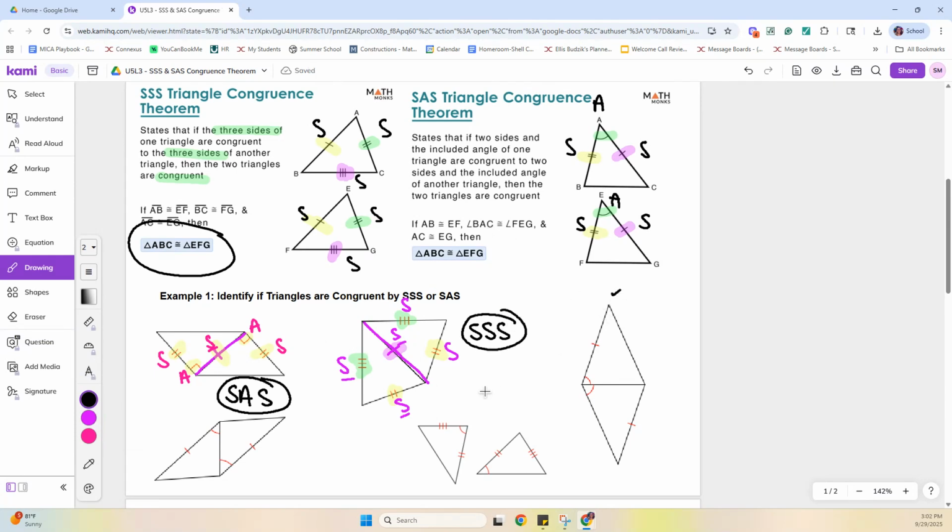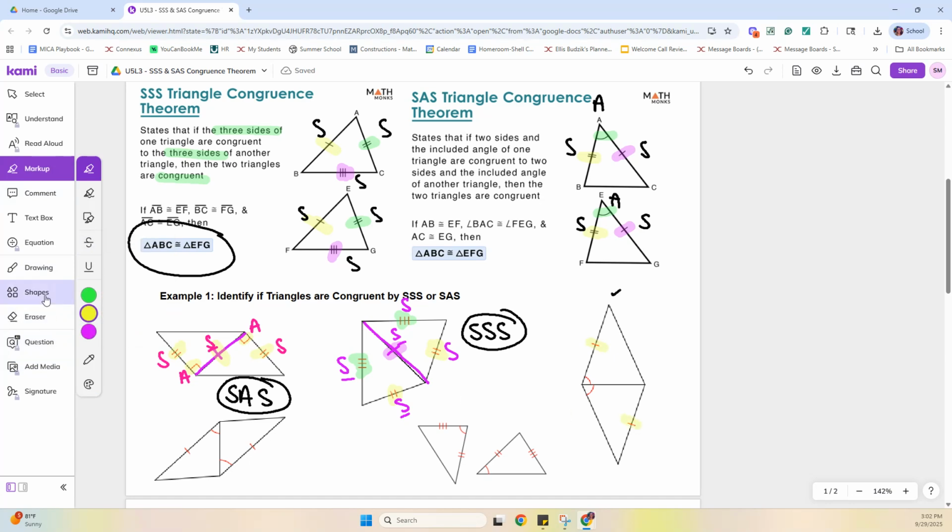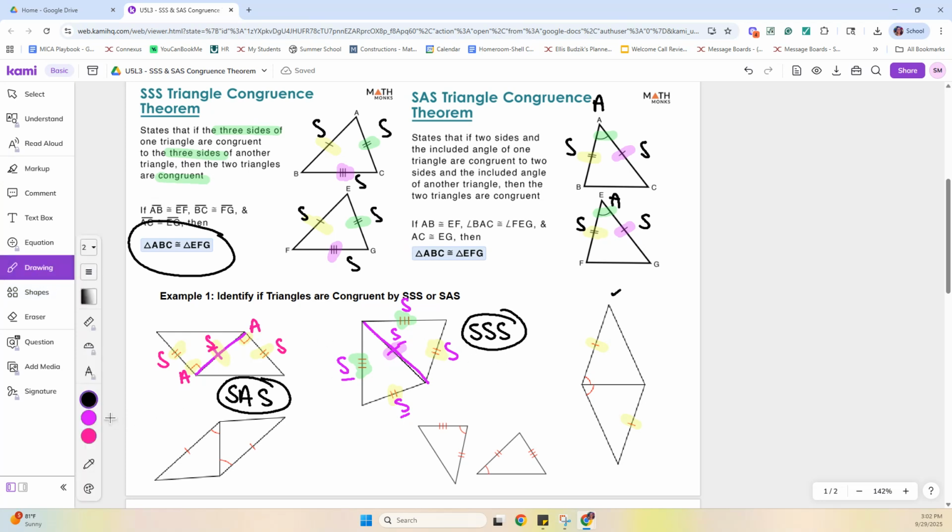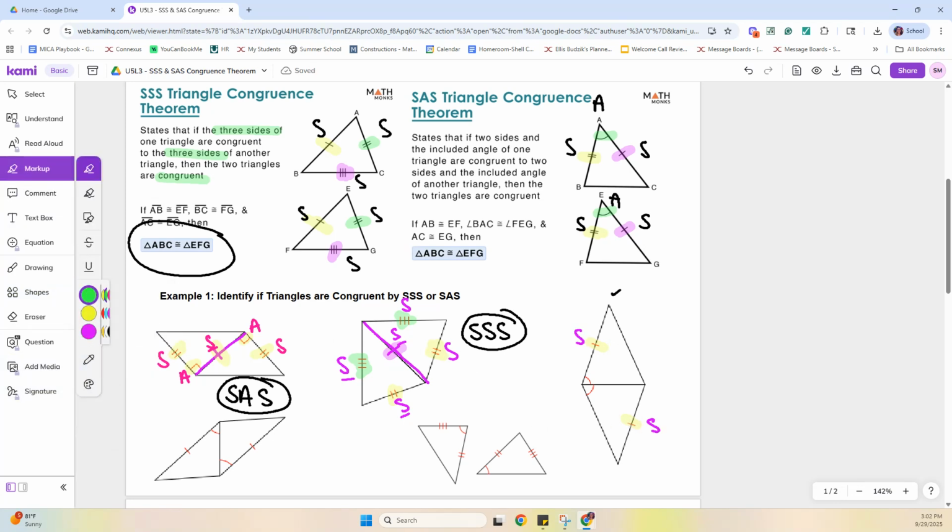Next one, I'm going to look at this one over here. So let's see what's happening. I have one side that is congruent to one side over here. So we got a side and a side. Now be careful for this one. I notice I have this angle right next to that side length, where over here, this angle is so far away.